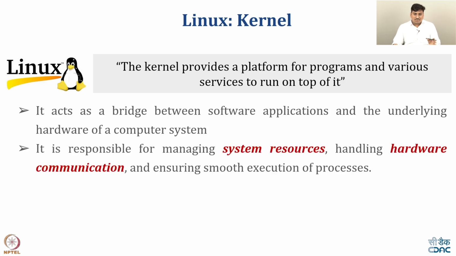It is responsible for managing system resources, handling hardware communication and ensuring the smooth execution of processes. It means that if you try to run any application or code on the computing platform, the kernel is responsible for making it run on the hardware and giving the result back to you.